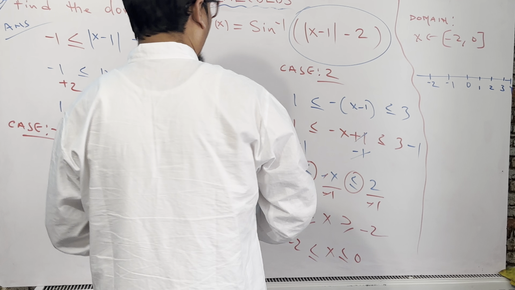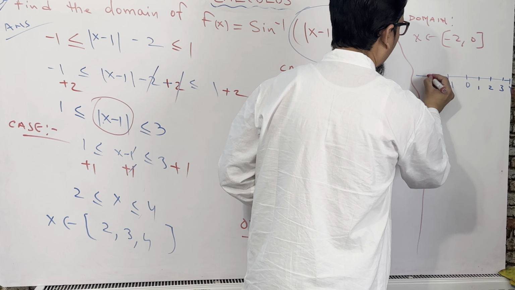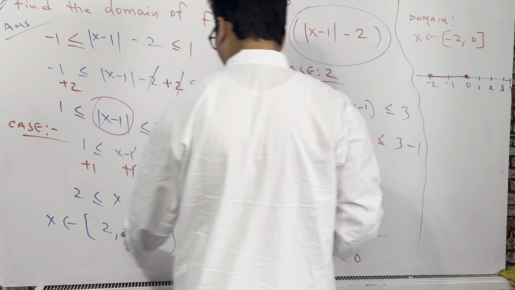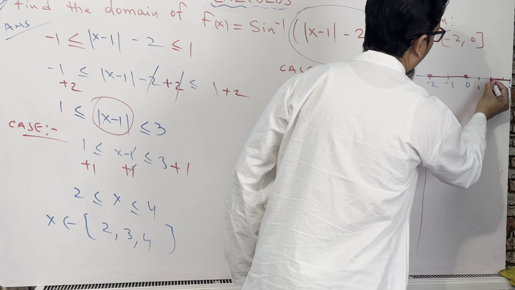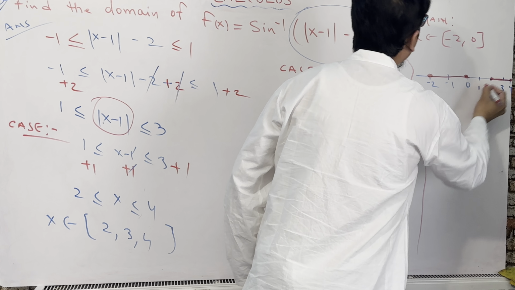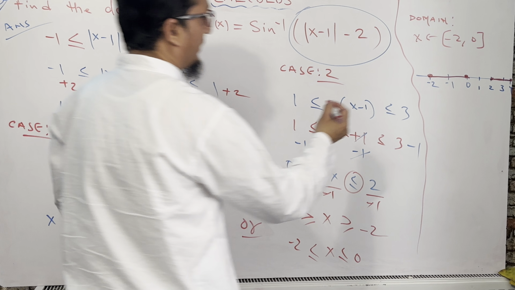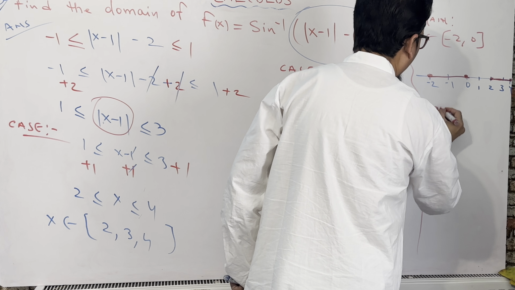But here you have to take only minus 2 to 0, this part, and from 2, 3, 4 only this element. Okay, so the real domain of this function is the domain of the given function.